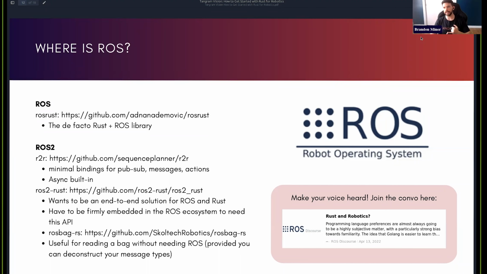So you can be as involved with the ROS pipeline as you like, or just want a couple messages. There are libraries for you, but they're all nascent. They're all really not tied to official ROS releases or the official ROS ecosystem. And Rust and ROS have been slow to cross each other, even though Rust and robotics is incredibly compatible.